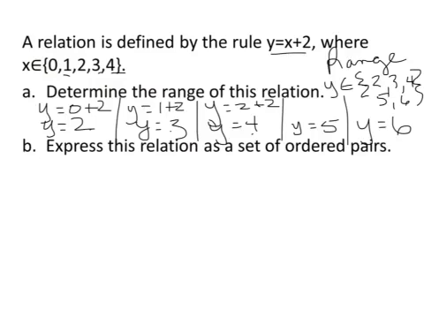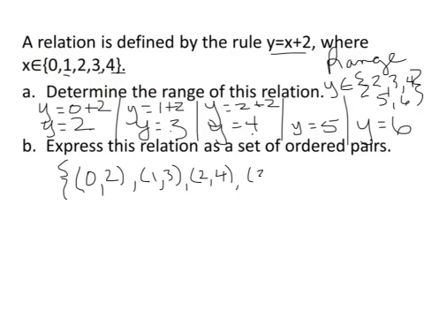If we want to express it as a set of ordered pairs, it's going to be (0, 2), (1, 3), (2, 4), (3, 5), and (4, 6).